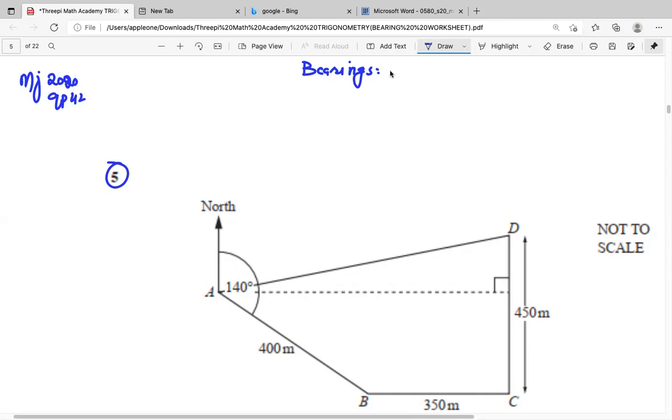We have done two questions in previous lessons, and I discussed even the basic rules for bearings. But again, I'm going to tell you about those 3 steps. The first thing is bearing is always clockwise.